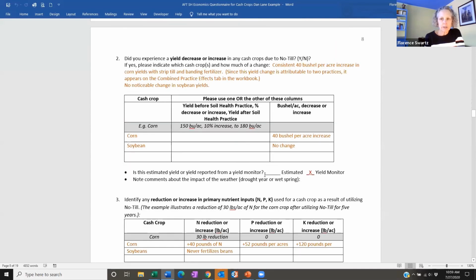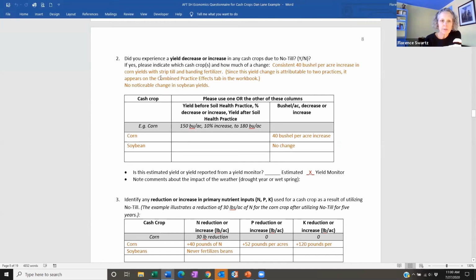Second question in the tillage part has to do with yield change. Did you see any changes in yield? And Michelle mentioned this 40 bushel per acre increase in corn yields when she was showing Dan Lane's partial budget analysis there. But we see that this yield change is attributable to 2 practices. And so because of that, it's not going to be attributed just to tillage.